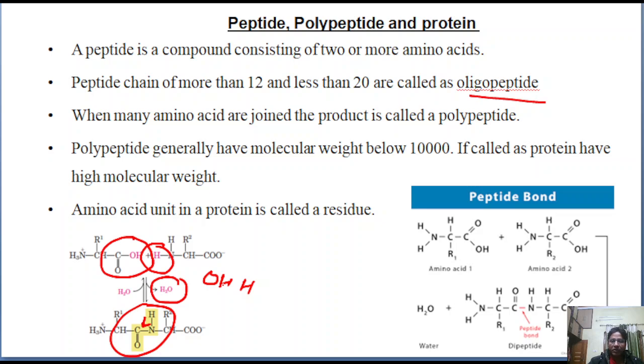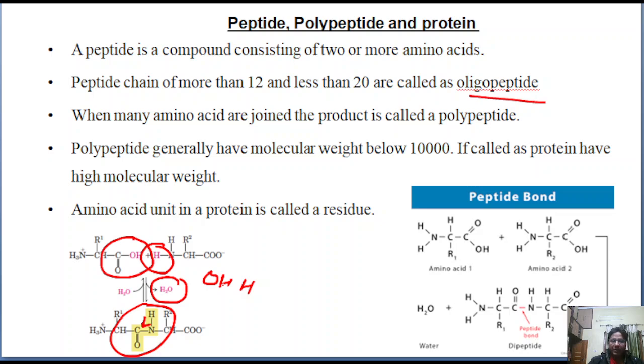If two amino acids are joined, there is one peptide bond; if three amino acids are joined, there are two peptide bonds; four amino acids are joined by three peptide bonds, and so on. In this way, a long chain of amino acids can be linked and a polypeptide is formed. Two terms are used here: oligopeptide and polypeptide.